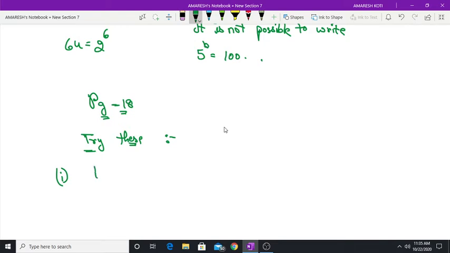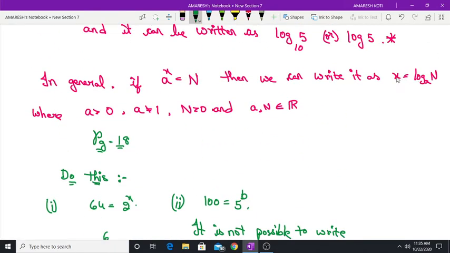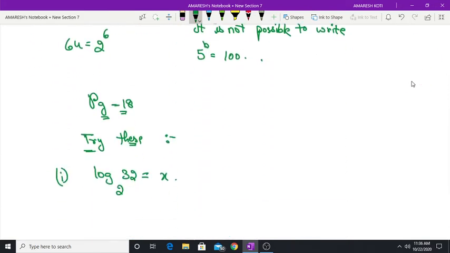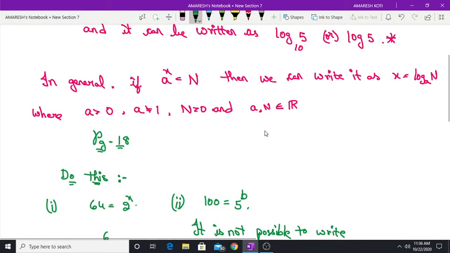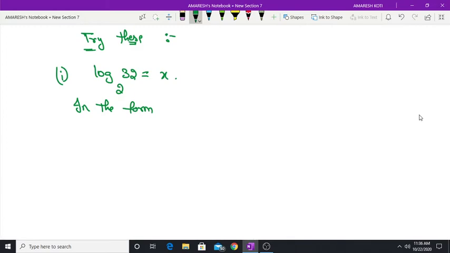It is given that log 32 to the base 2 equals x. It is in the form log n to the base a equals x.